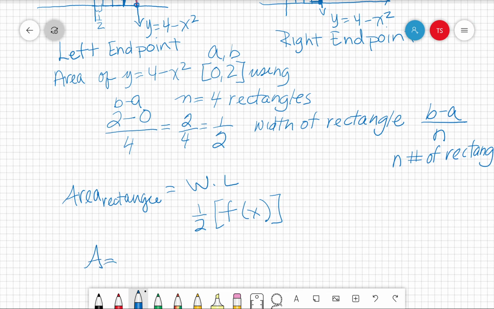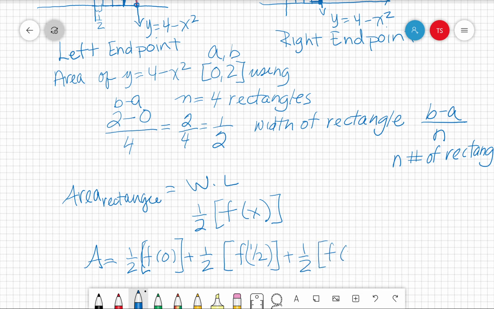For example, the area for the left would be 1/2 times f of 0, plus 1/2 times f of 1/2, plus 1/2 times f of 1, and then plus 1/2 times f of 3/2.